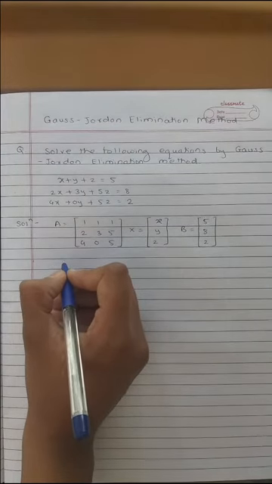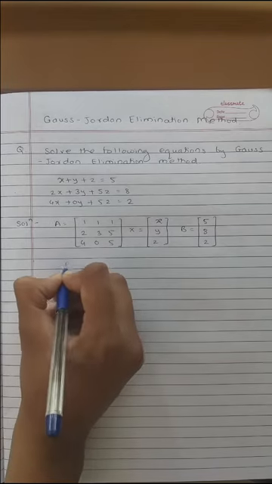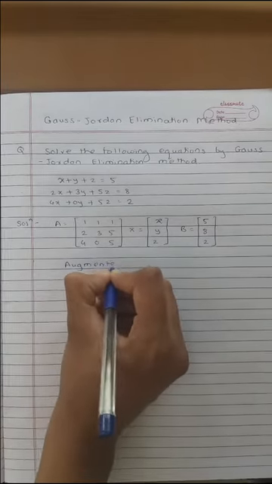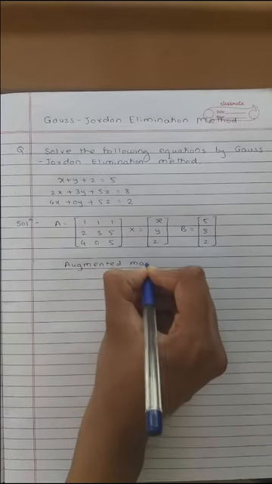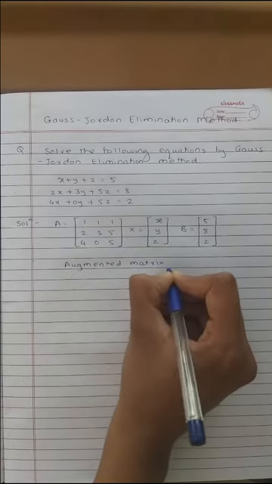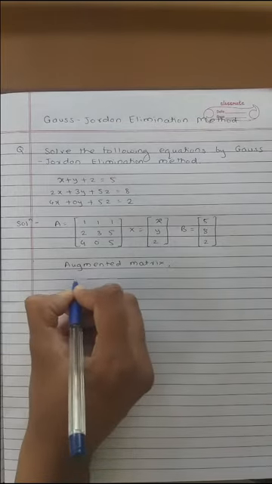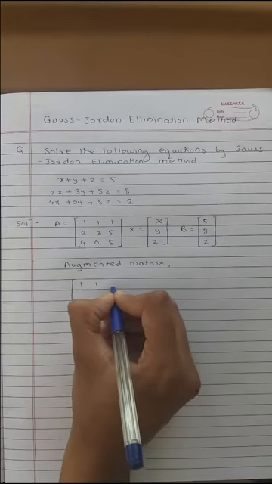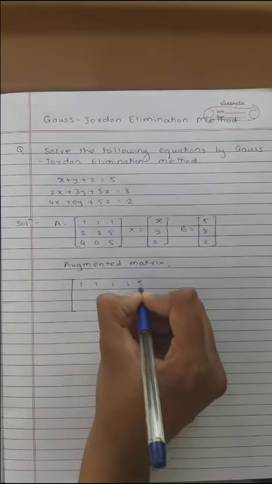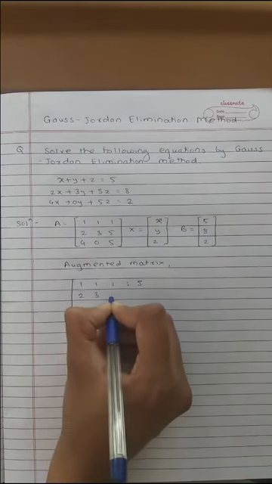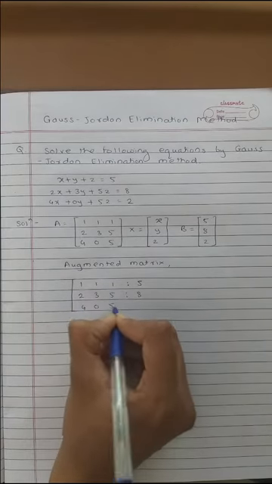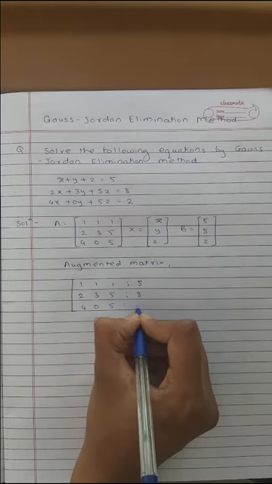After that we will convert it into the augmented form. Augmented matrix: the 3 by 3 matrix [1 1 1] augmented with 5, [2 3 5] augmented with 8, [4 0 5] augmented with 2.